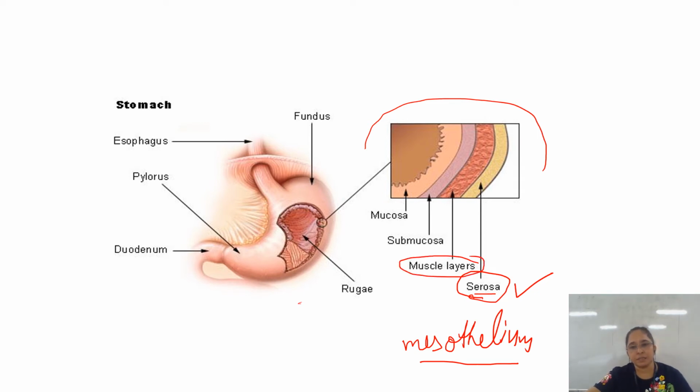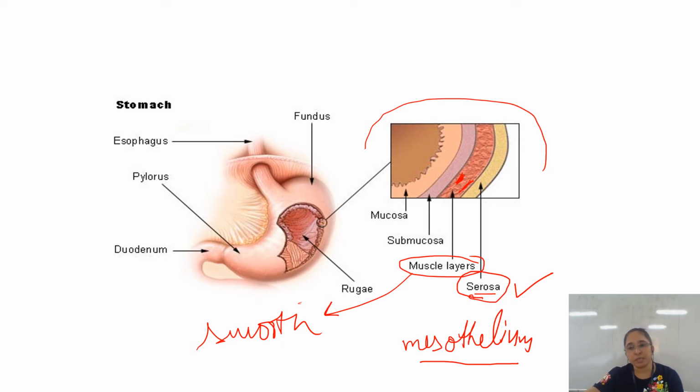The next one is the muscularis. This layer is formed of smooth muscles, which are usually arranged in a concentric manner. In my previous slide, I showed that the outer layer is of longitudinal muscles and the inner one is circular.